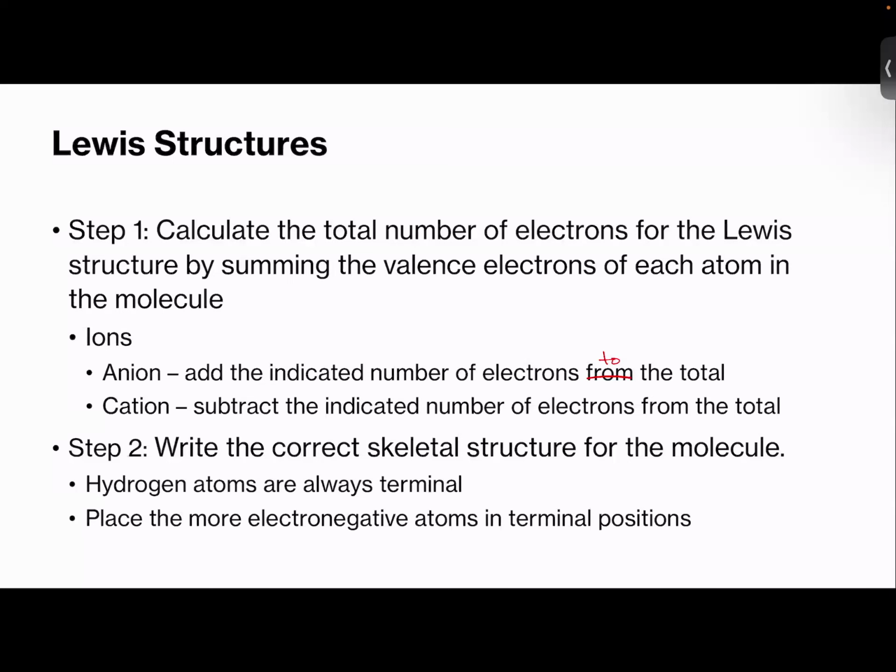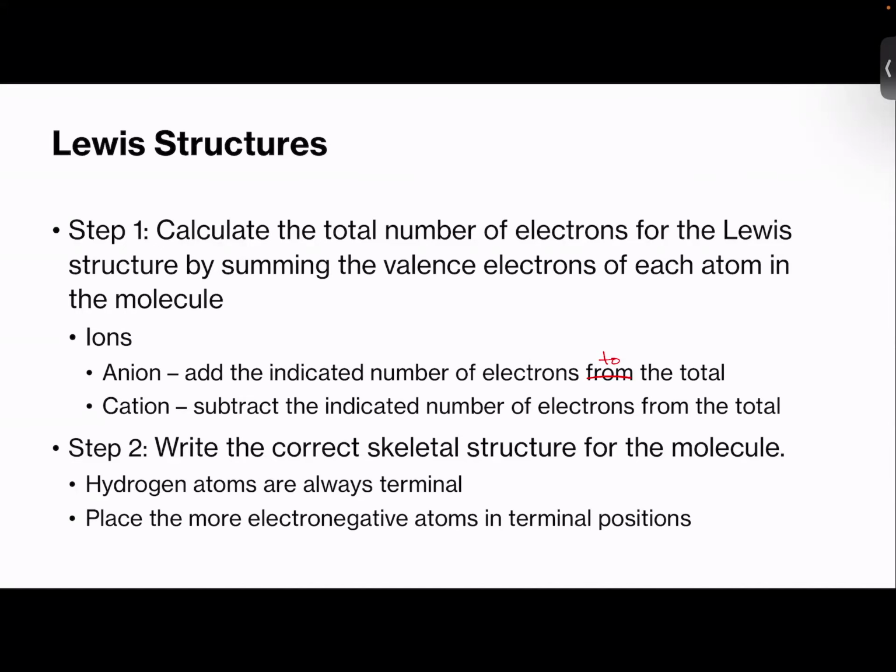Basically, the reason for this is because if you have an anion, it's saying you have excess electrons. So you have to add that excess of electrons to the total number of electrons. For a cation, we're going to subtract the indicated number of electrons from the total.